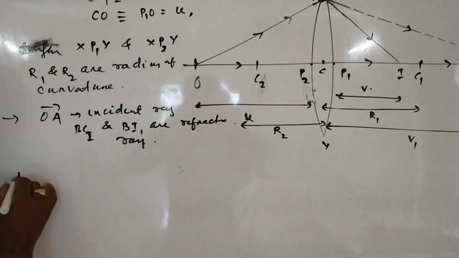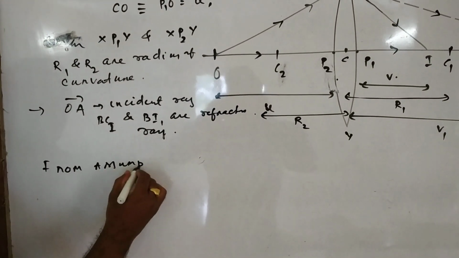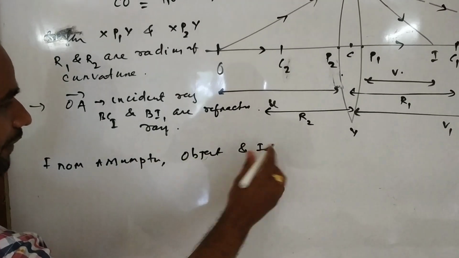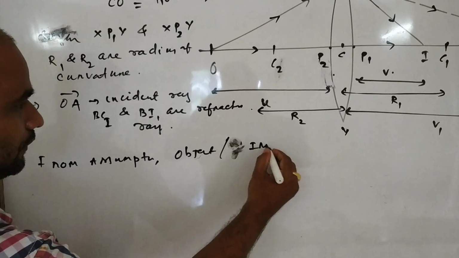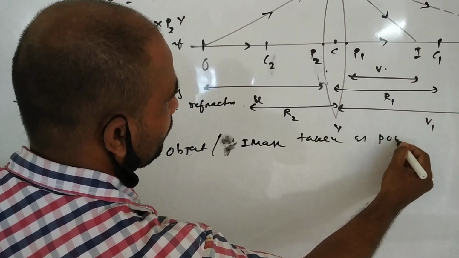Now, from the assumption, the object or image is taken as a point.